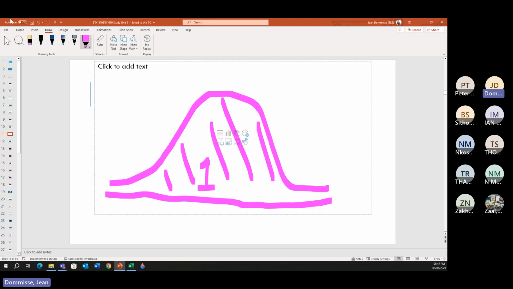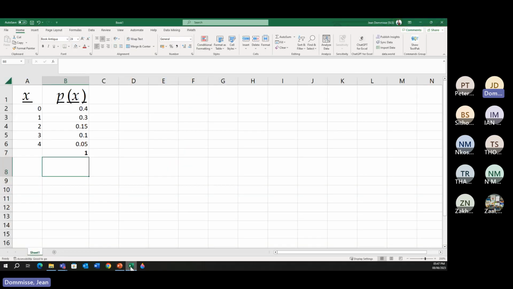So from now on, nearly every probability that you're working with needs to add to 1. I will reiterate that nearly every time when we get to some of these examples.